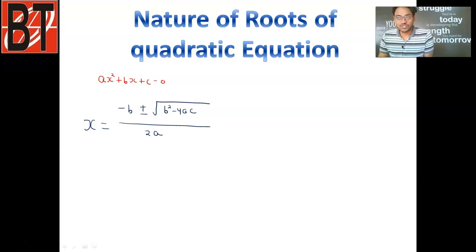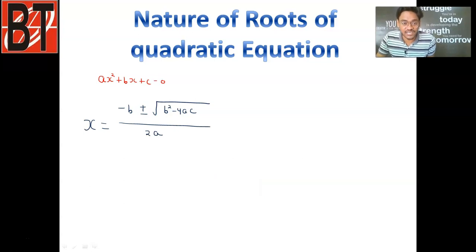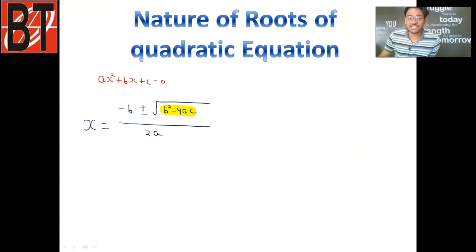Students, this factor b square minus 4ac is going to decide the nature of roots, so this factor is very important. This expression b square minus 4ac is named the discriminant.